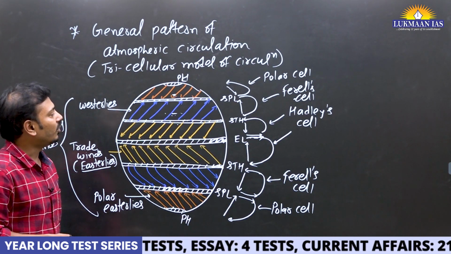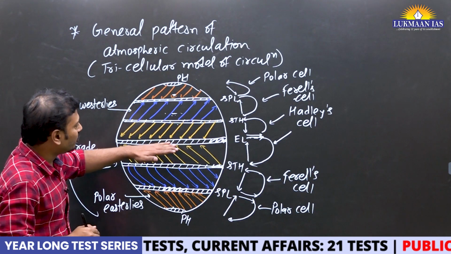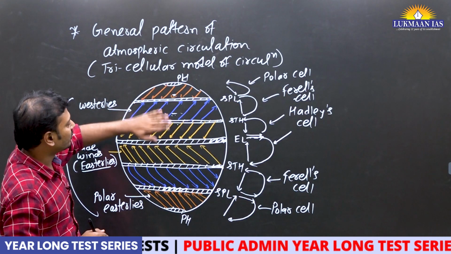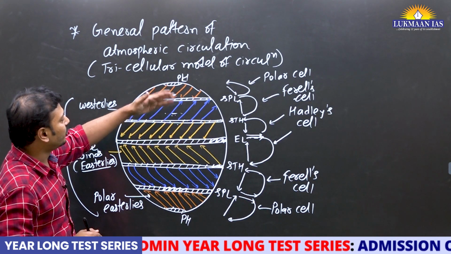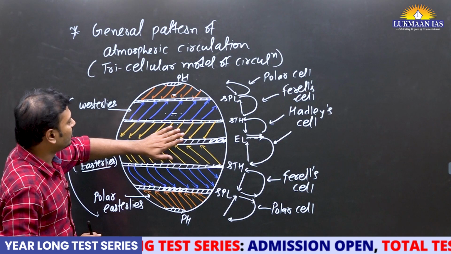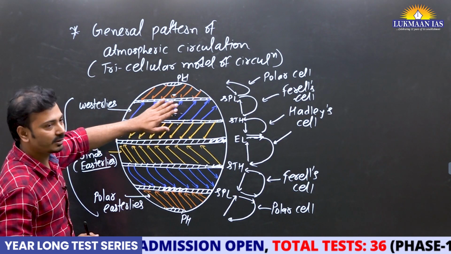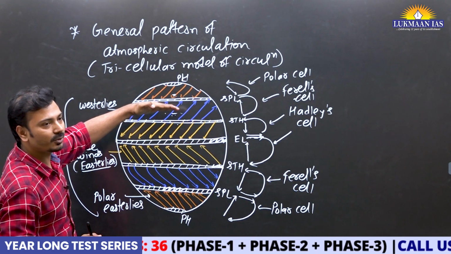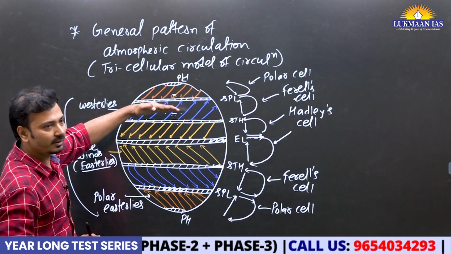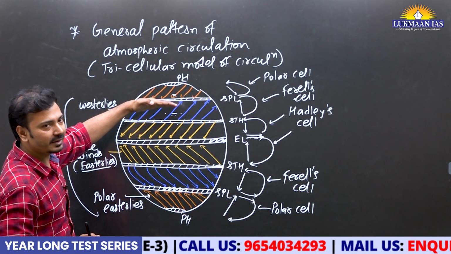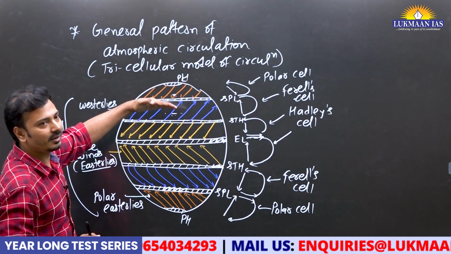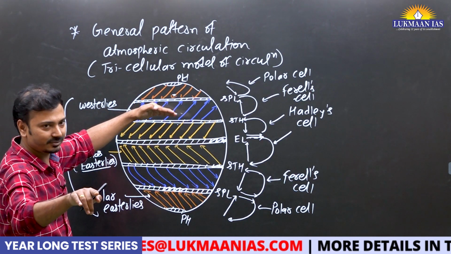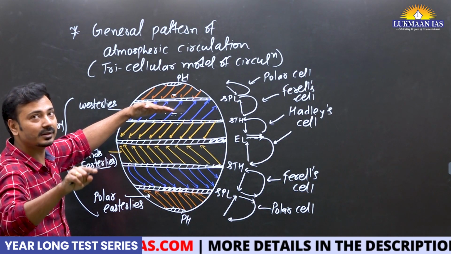Now what happens in summer, when the apparent movement of winds and pressure belts is in the northward direction according to the apparent movement of the sun? What is happening here? These pressure belts have shifted, right? So the subtropical high has shifted a little upward, and where has it gone? It has gone over the Mediterranean region. That means this region is now under the influence of trade winds.